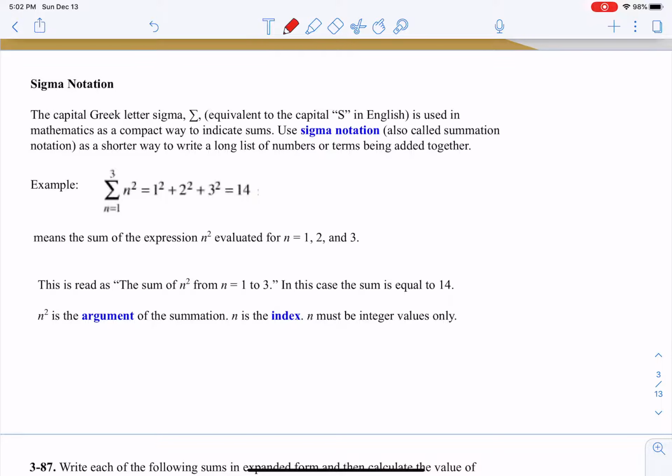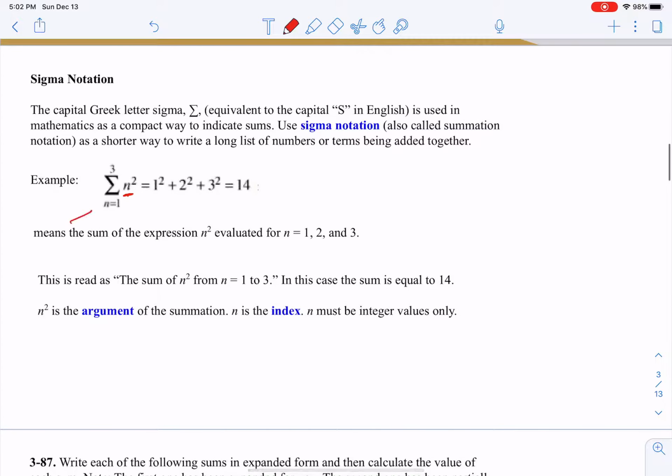So if I want to add up terms in the sequence with the pattern n squared, I'm going to put my starting value at the bottom of the sigma letter and my ending value at the top. So n in this sequence goes from 1 to 3, and I'm evaluating n squared when n equals 1, n equals 2, and n equals 3.